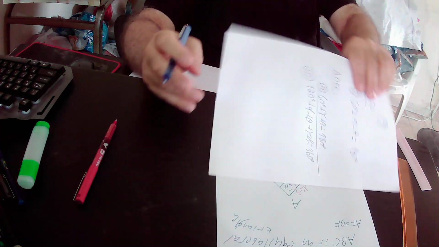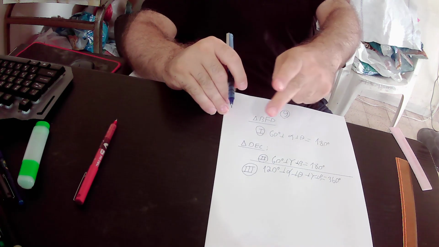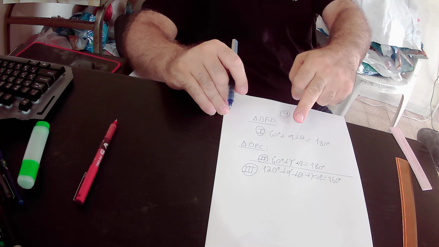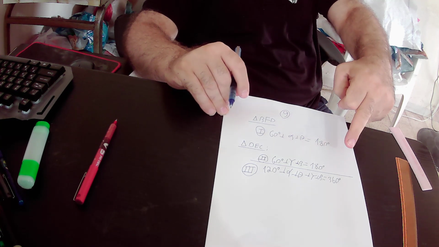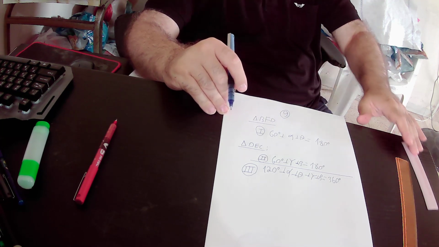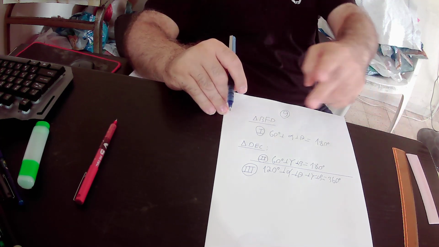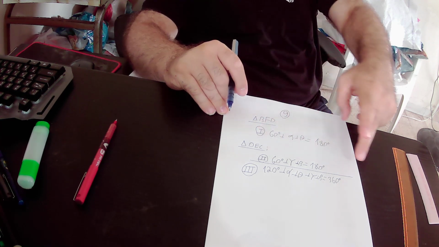Okay, so in total, according to the further equation, 180 degrees plus alpha plus theta plus gamma plus beta equals 360 degrees. Here we will subtract 180 degrees from the further equation.